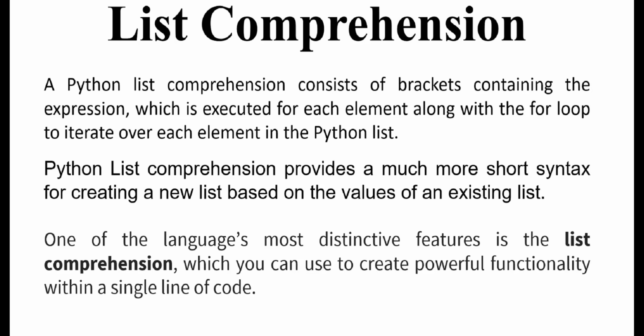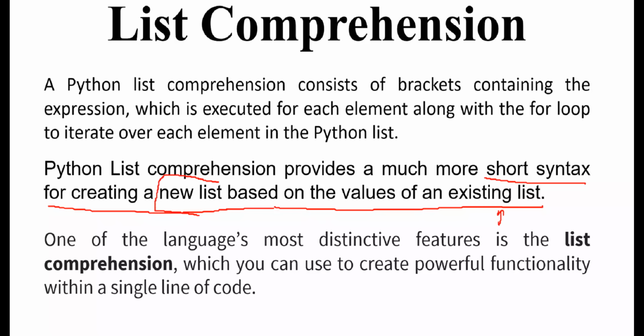A Python list comprehension provides a much shorter syntax for creating a new list based on the values of an existing list. We have a list. Based on the values of the existing list, we are creating a new list in a shorter syntax.